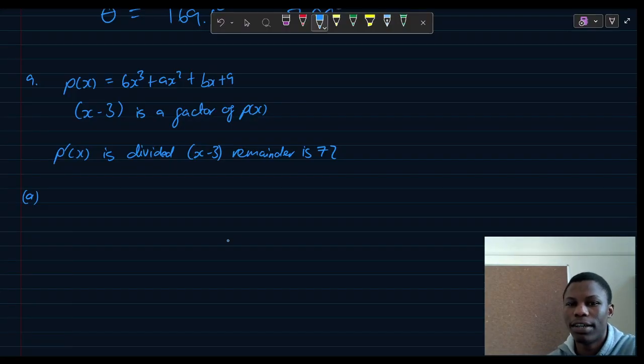So here we have to use the factor and remainder theorem. Let me start with the remainder theorem.